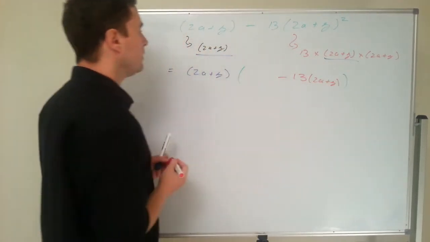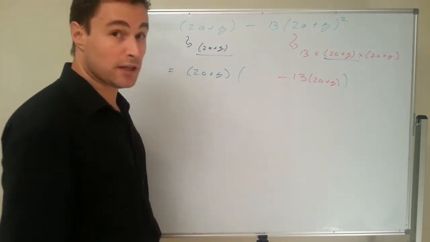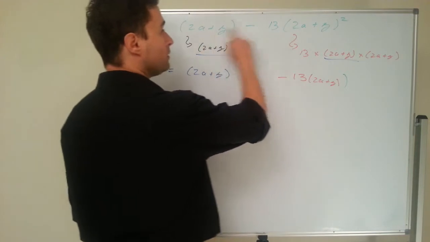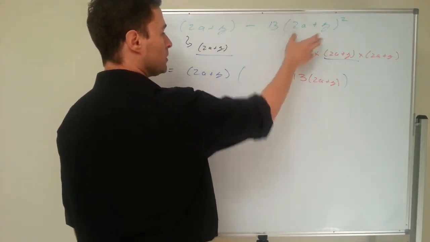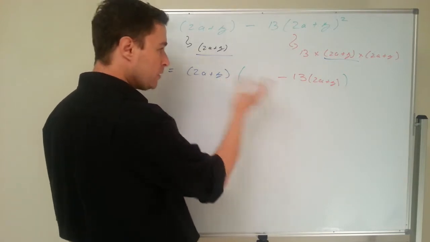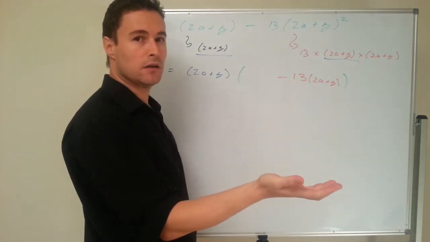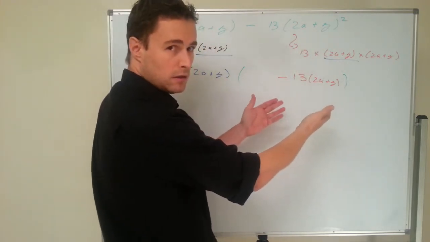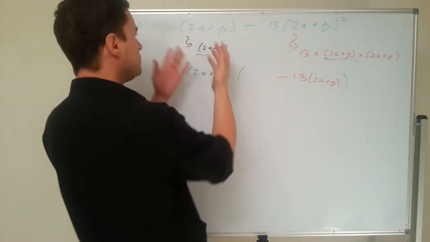That's what's left over there. And then they'll just leave it like this. And I say to them, hang on a second. How did you go from 2 terms to 1 term? You took out a common factor. Look at all the other common factors that we take out. If I have 2 terms there, I have 2 terms there. If I have 3 terms, I have 3 terms. How all of a sudden did I lose a term?